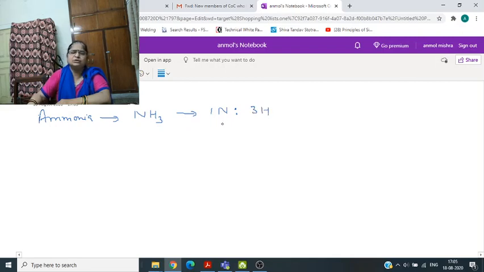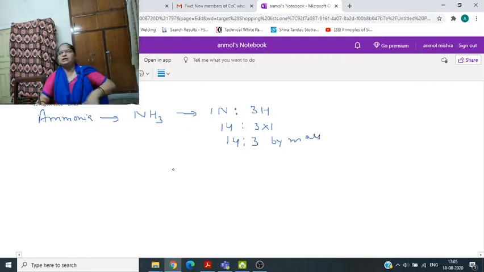The atomic mass of nitrogen is 14 and of hydrogen is 3 into 1. So that will be 14 is to 3, which cannot be cancelled out. So the ratio will be 14 is to 3 by mass. This you have studied in Dalton's atomic theory also, the postulate that to form compounds the elements combine in a simple whole number ratio by mass.